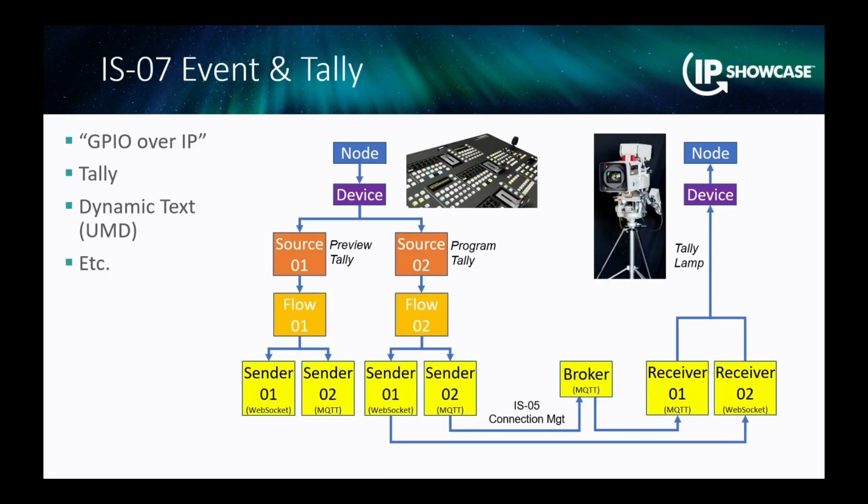So there's a detailed protocol here that allows us to send these events or these tally indicators over IP just as another packet using the same IS-05 connection mechanism. And it can be done a few different ways. MQTT or WebSockets are kind of the low-level details about how that works, and there are pros and cons to each of those, but it's got mechanisms to support that. GPIO over IP.